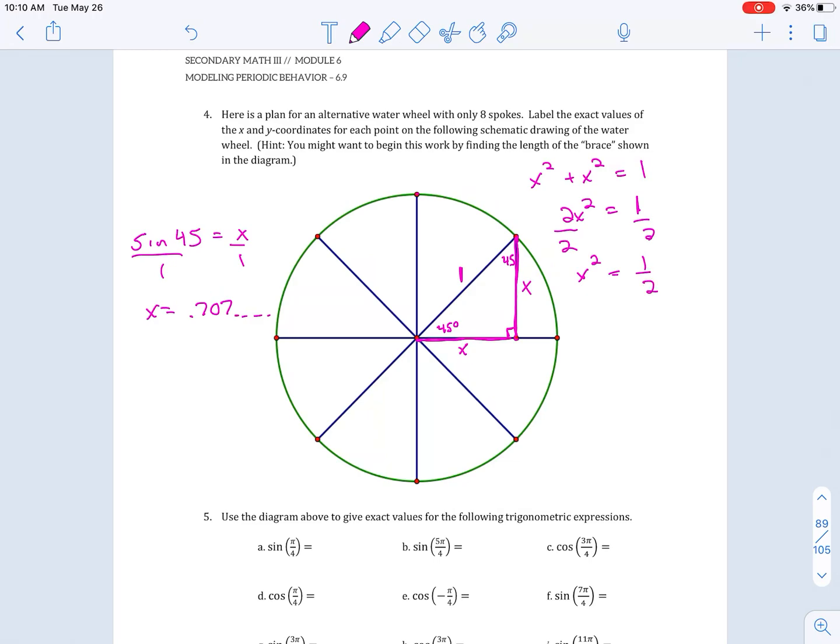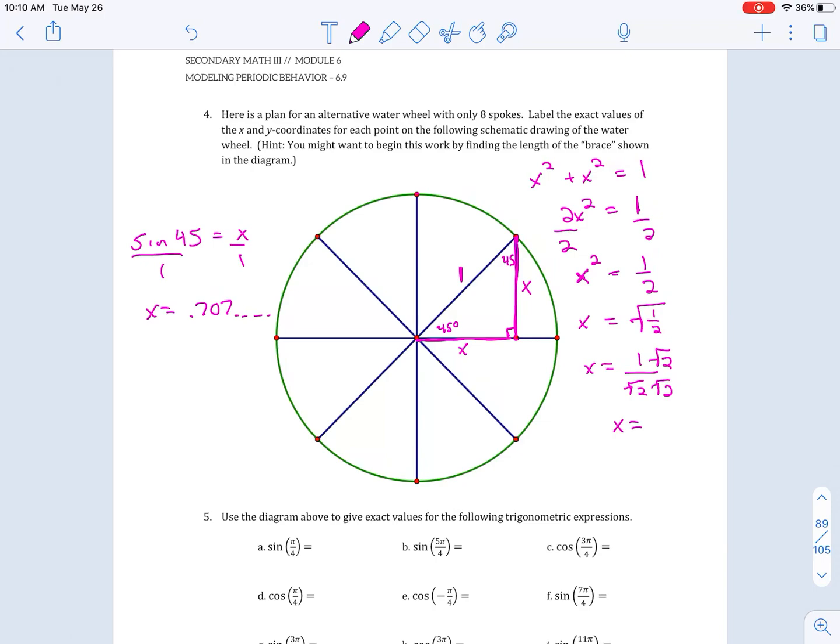to here, okay? Now, a lot of you already know maybe the answer to this, but I just want to show you the why. So we would take the square root of both sides, and we would get x is equal to the square root of a half, and then the square root of 1 is just 1, remember? And then the square root of 2 is that. And then we can't have a radical in the denominator, so we multiply it out, remember?